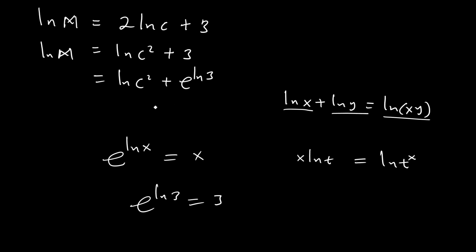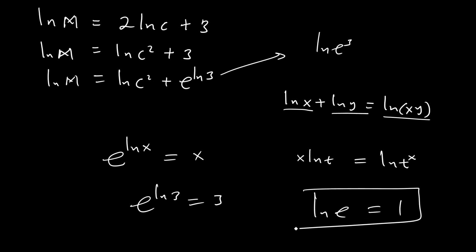Okay, so we have ln of m. And don't forget this one can also be written as ln of e to the power 3. There is a property that ln, when you combine ln with e, is the same as 1.